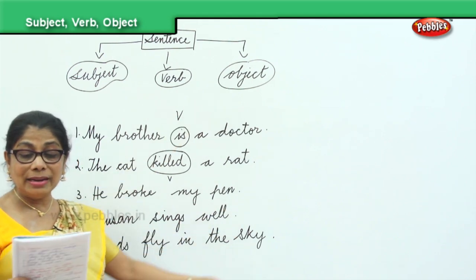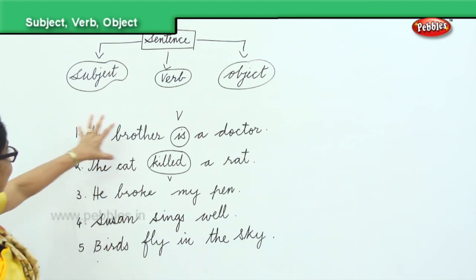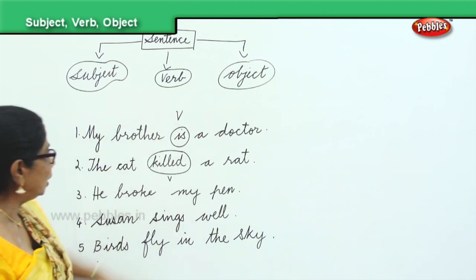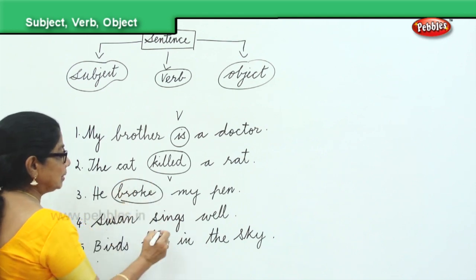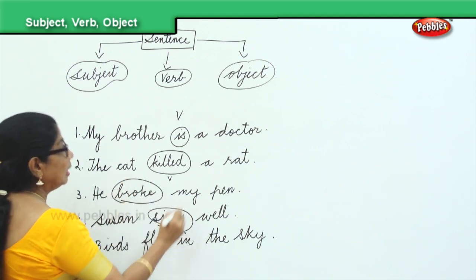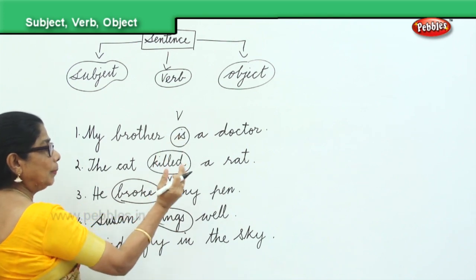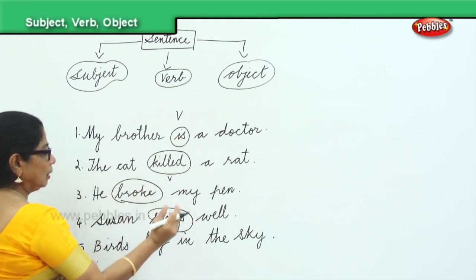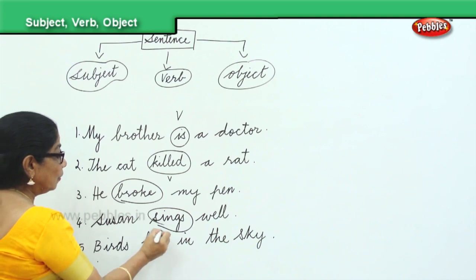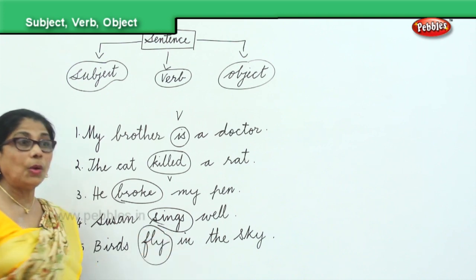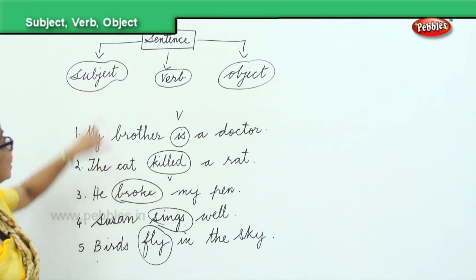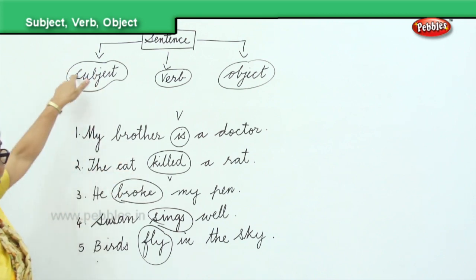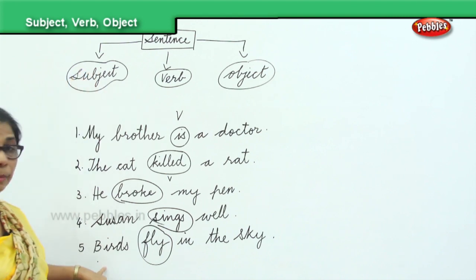So now you have learned to identify the subject and the verb. Where is the verb here? Susan sings. How does she sing? Well. You have the verb is, the verb killed, the verb broke, the verb sings, and here the verb fly. Now, where is the subject? The brother is the subject, cat is the subject here, he is the subject here, Susan is the subject, and birds.